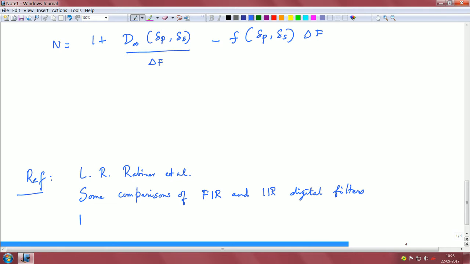This is from the Bell System Technical Journal, volume 53, number 2, February 1974. And let me give you what these formulas look like.